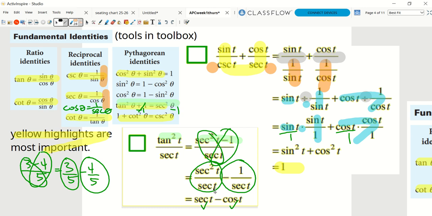Does that make sense, folks? How many secants are left after canceling? 1. 1 over secant by way of this is equal to cosine. Are we in agreement here? Remember, you can switch secant and cosine. And so again, this equals to that through these middle steps.